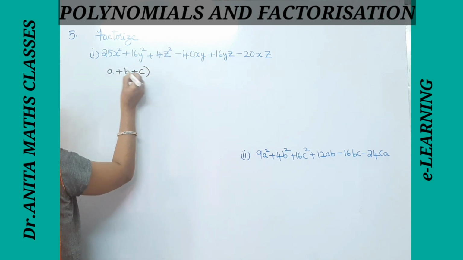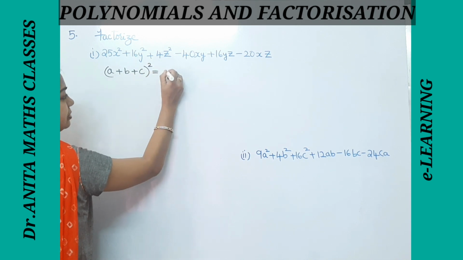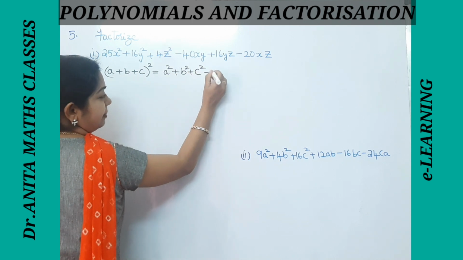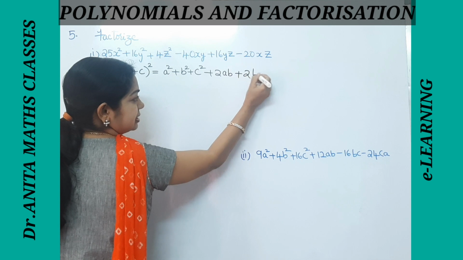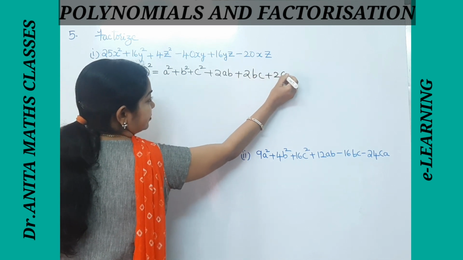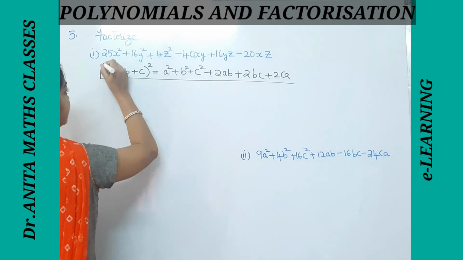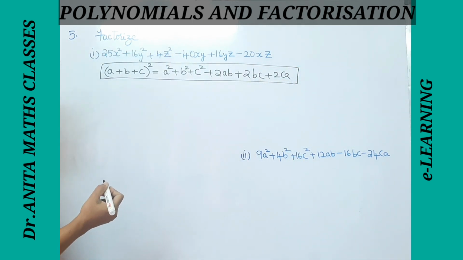So (a plus b plus c) whole square is equal to a square plus b square plus c square plus 2ab plus 2bc plus 2ca. So this was the identity which we will be using here. This is the appropriate identity to be used here.